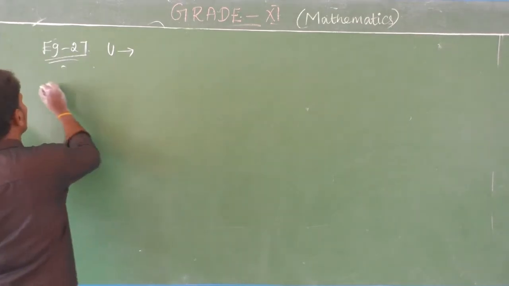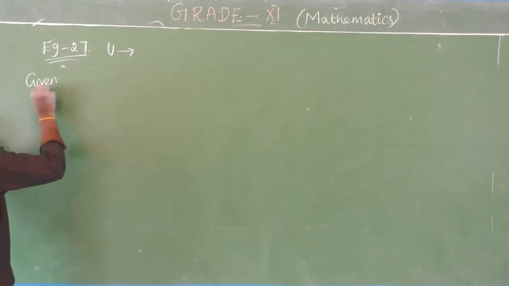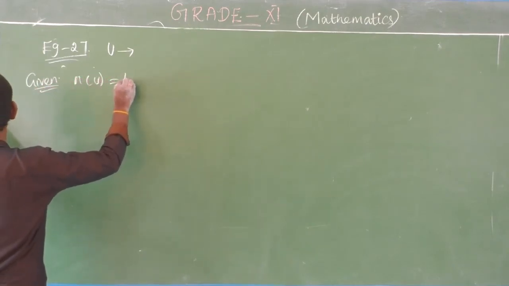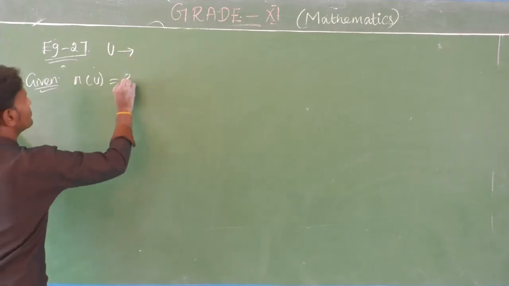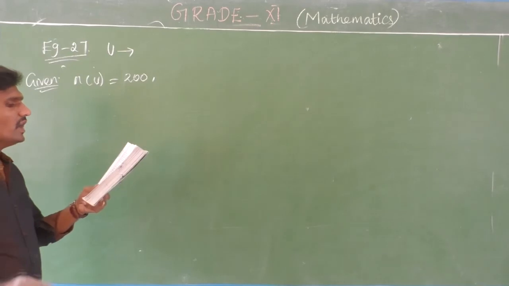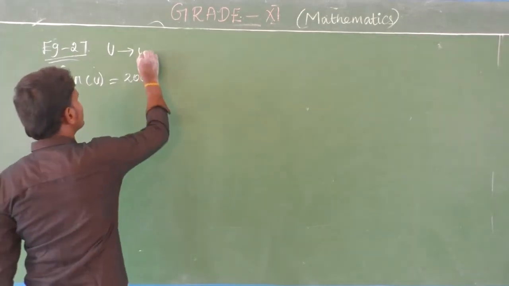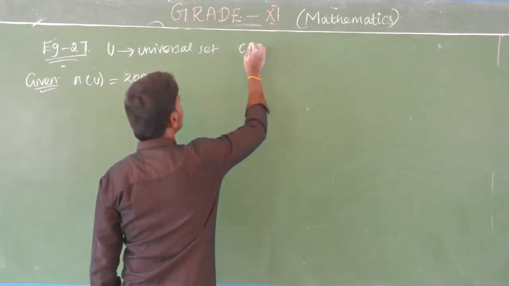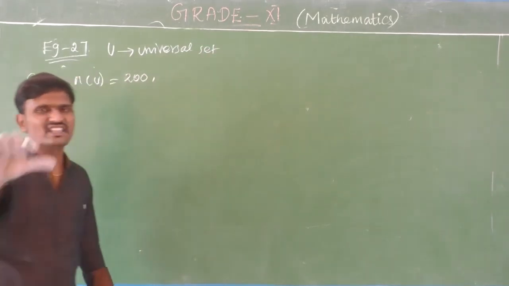Okay, so now given n of U, which is equal to how much? 200 students. Now this is the universal set, U. Now C1, C2, no need to take like that.